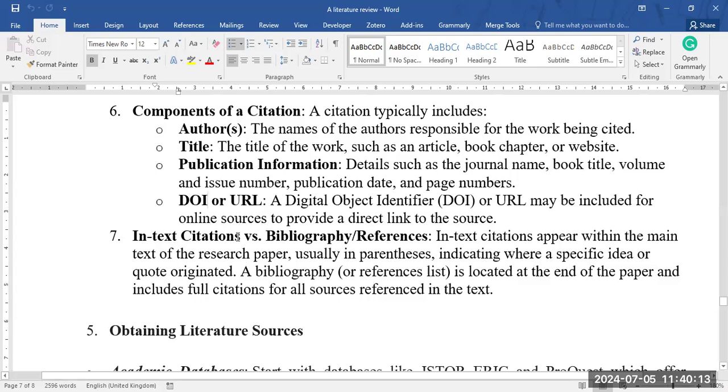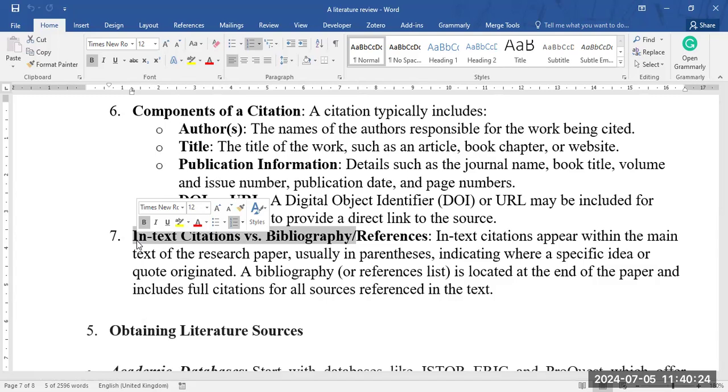So then, in-text citation versus bibliography references, sometimes you may get confused. Citation means within the work. Say, for example, in the body of the work, you mention the author's name and the year of publication. And bibliography or references means a complete set of details of that publication.